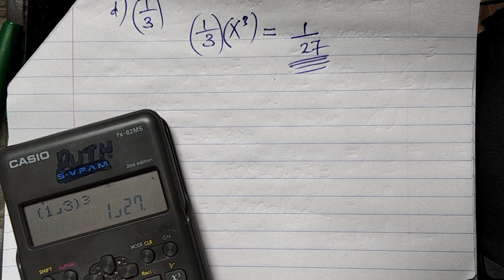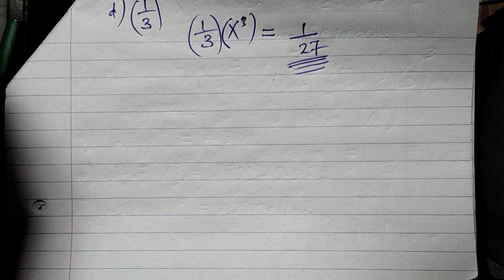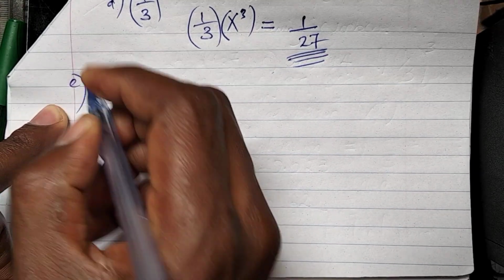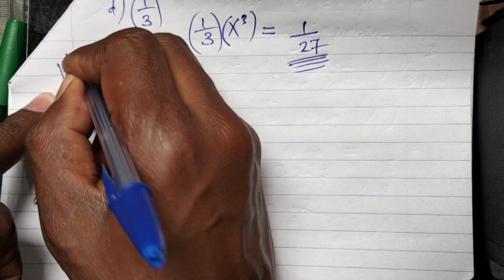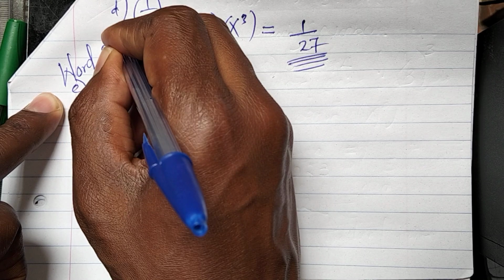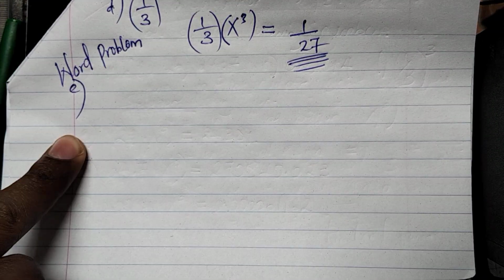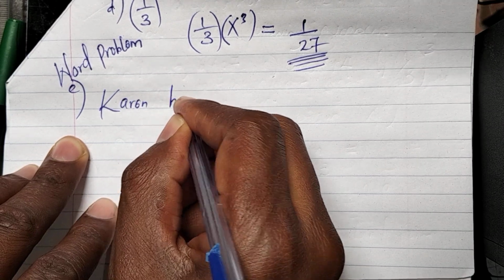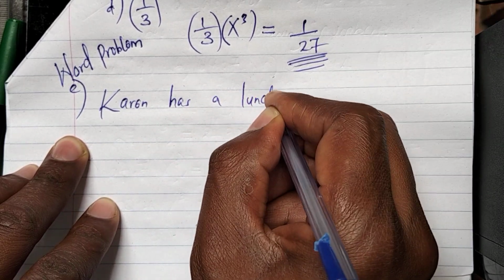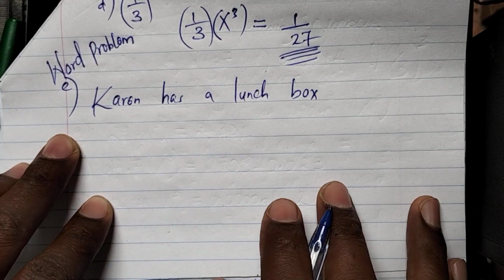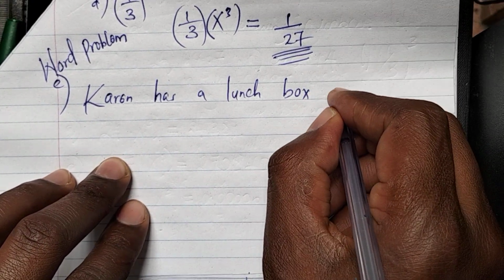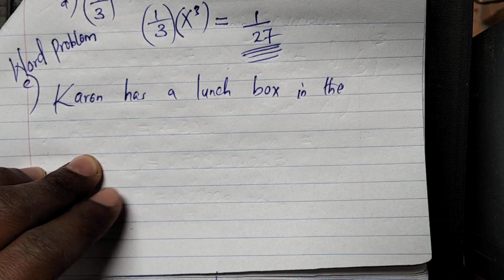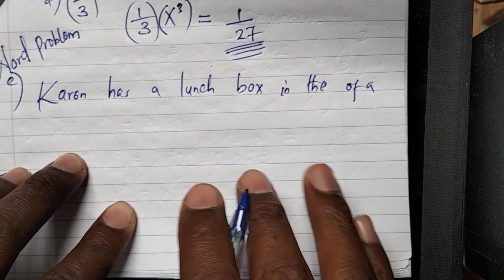Karen has a lunchbox in the shape of a cube, of side 10.25 centimeters.